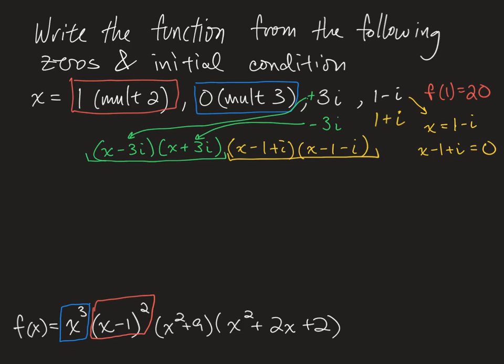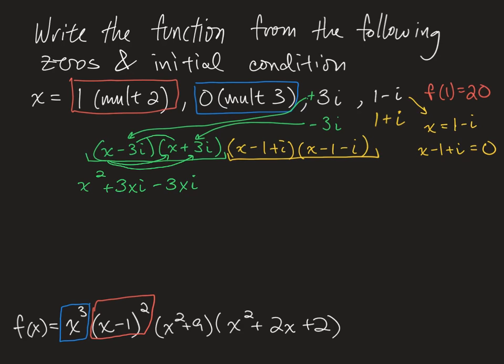How do you do that? Well, it's pretty simple. We just distribute like you normally would. With the first two here, x times x is x squared, x times positive 3i is positive 3xi. So x squared, positive 3xi. Then you distribute the second term. So I've got negative 3ix, which I can rearrange to be negative 3xi.